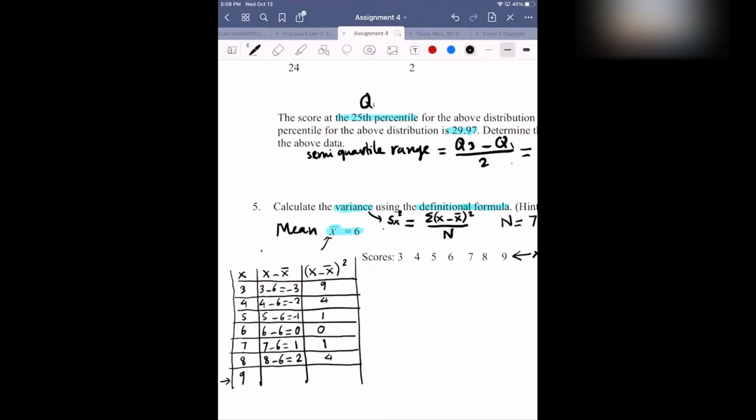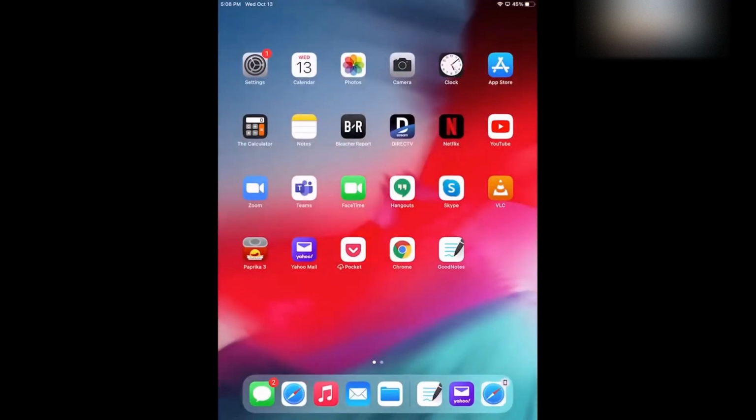Number 9. You have to take 9 minus 6. The next one is, oh, it got disconnected. Give me 1 second.